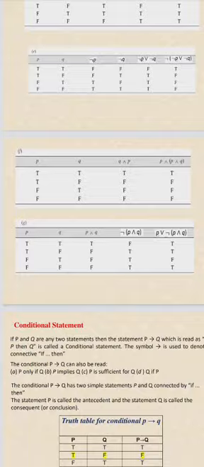Next we can see the F and G examples. The F example statement is P and Q. Then the P, Q truth values.